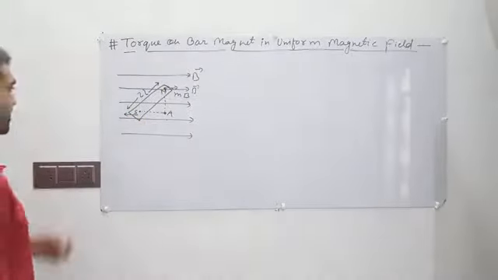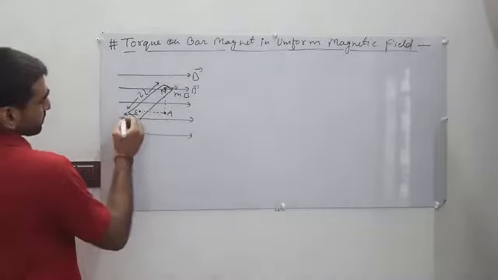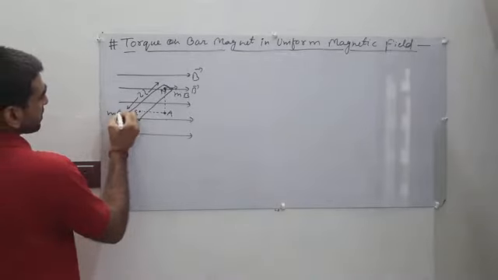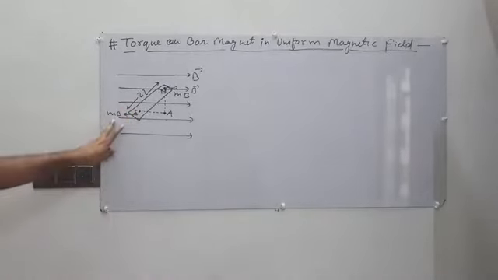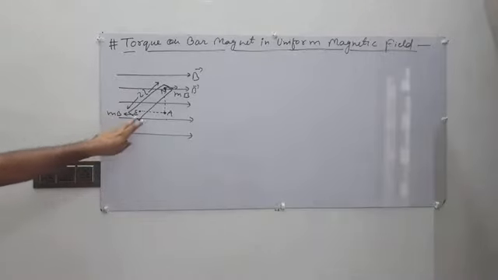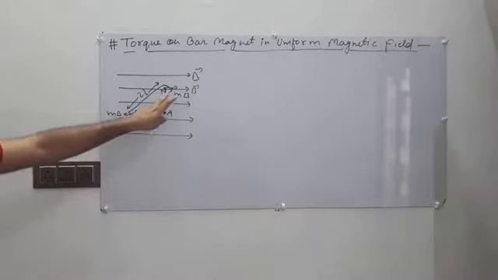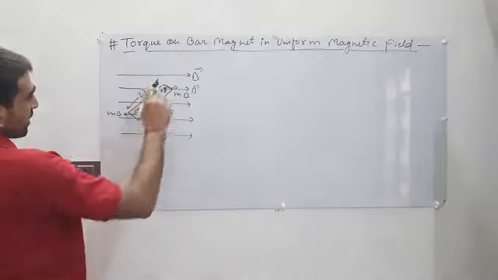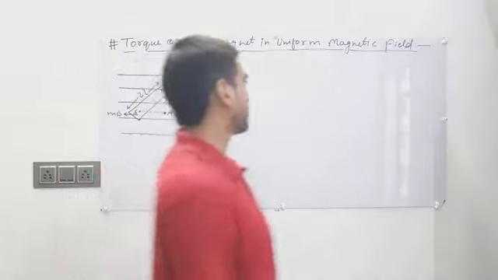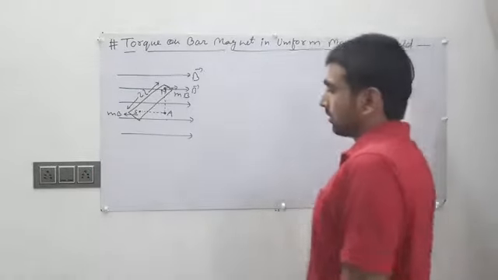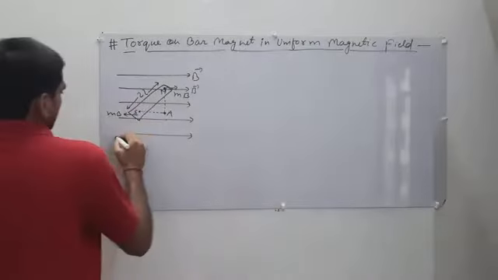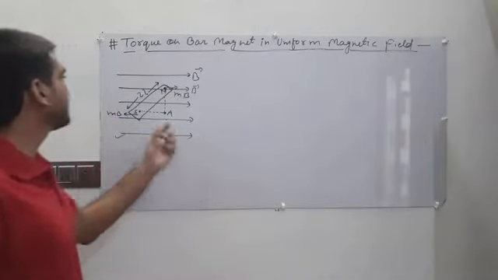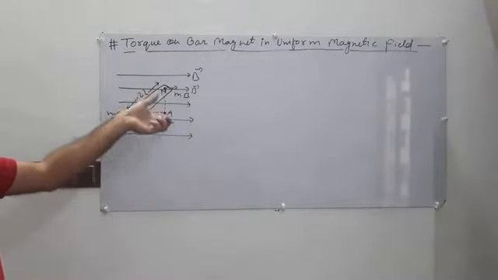The magnitude of this force is m into B, because the magnetic pole strength of the south pole is also equal to the north pole, but the direction is opposite. That's why these two forces try to move this bar magnet along the magnetic field.